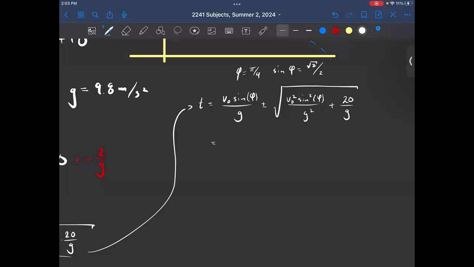So we have square root of 2 v0 over 2g plus minus square root of 2 v0 squared over 4g squared plus 20 over g. All right, getting a little better. Let's see, so the 2 and the 4 will cancel and give us a 2 there.